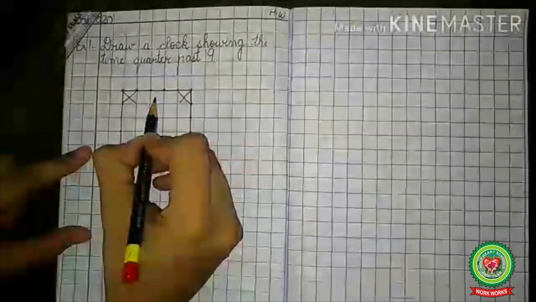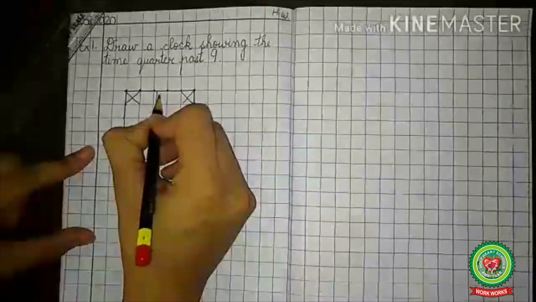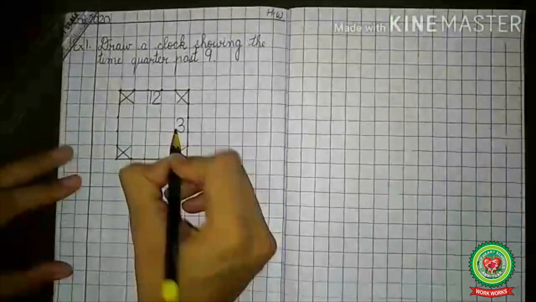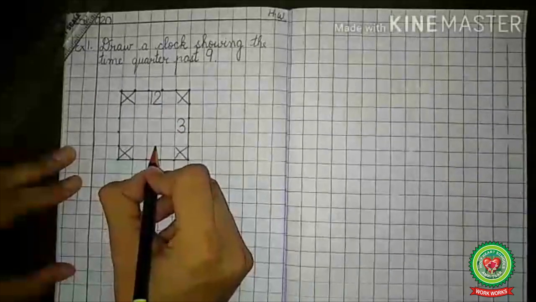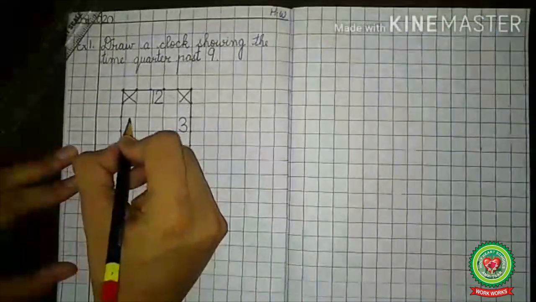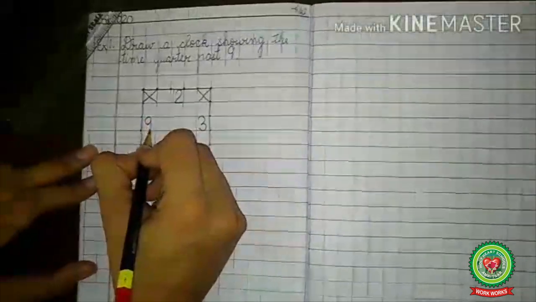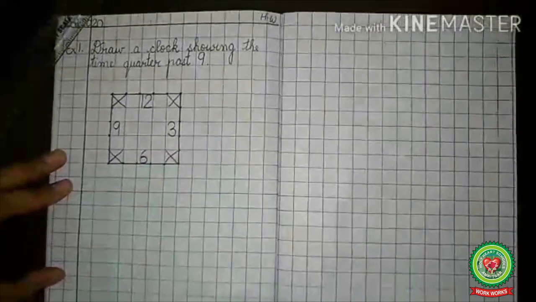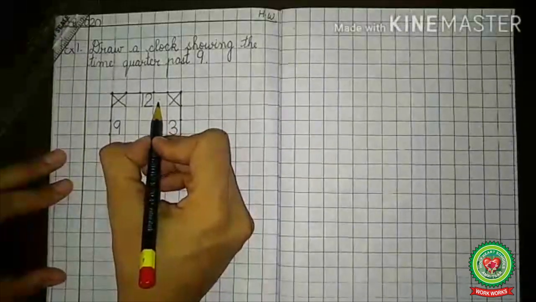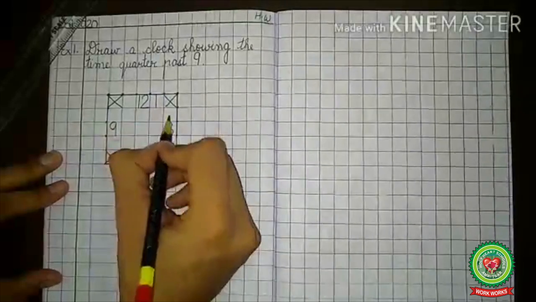Leaving these two in the middle, you have to write 12. On the right hand side you will write 3. Just in the line of 12 you will write 6. Opposite to 3 you will write 9. Now after 12 what comes in a clock? 1.